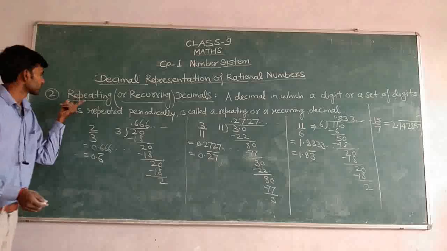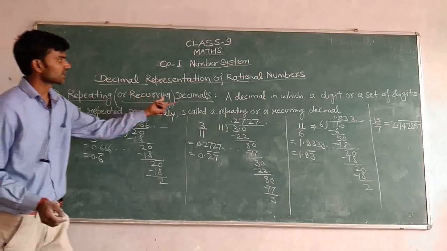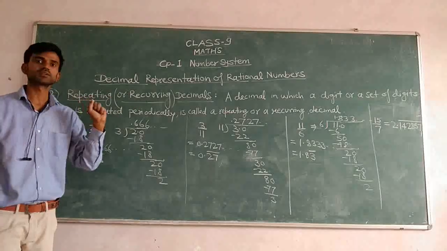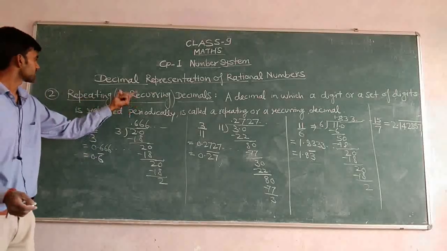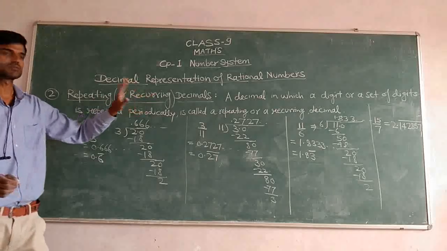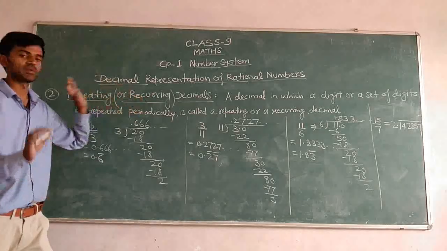Now come to the repeating or recurring decimals. What are repeating or recurring decimals? The decimals which never terminate. Repeating and recurring have the same meaning.